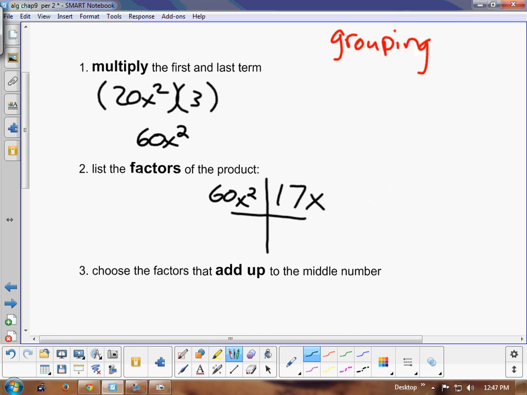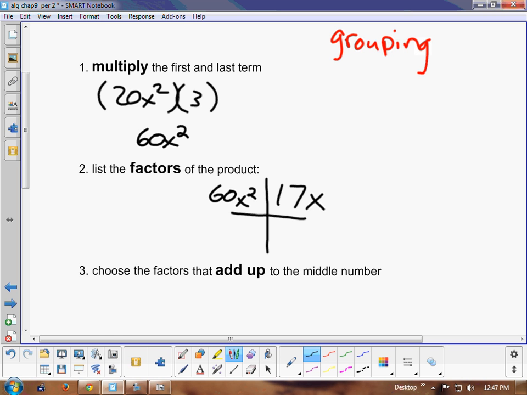Okay, now kids, what two numbers multiply to equal 60 and add up to 17? The 6 times 10, does that add up to 17? No. Jared, does 20 and 3 add up to 17?